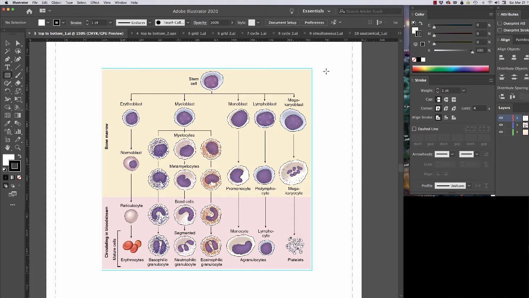But in this case, the yellow background represents the steps in this process that take place within the bone marrow, whereas the pink background represents the steps in the process that take place after the cells have migrated out of the bone marrow into the blood circulation. So in this case, background colors actually serve a purpose.